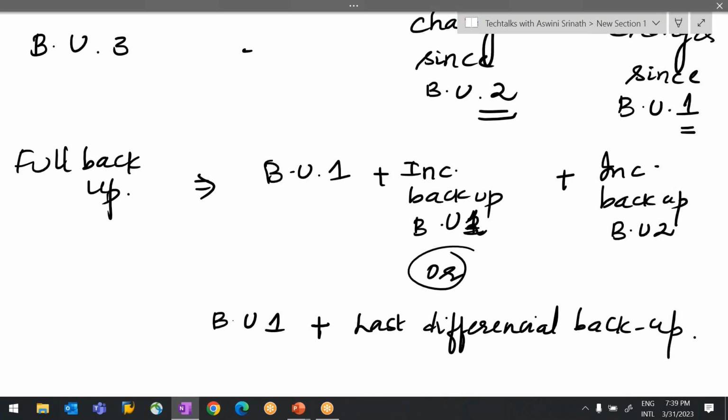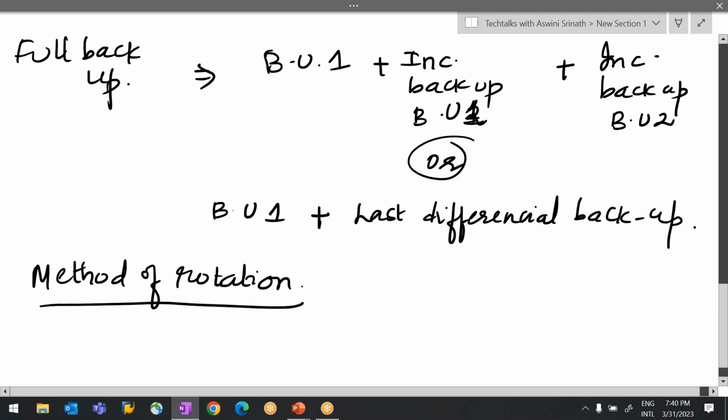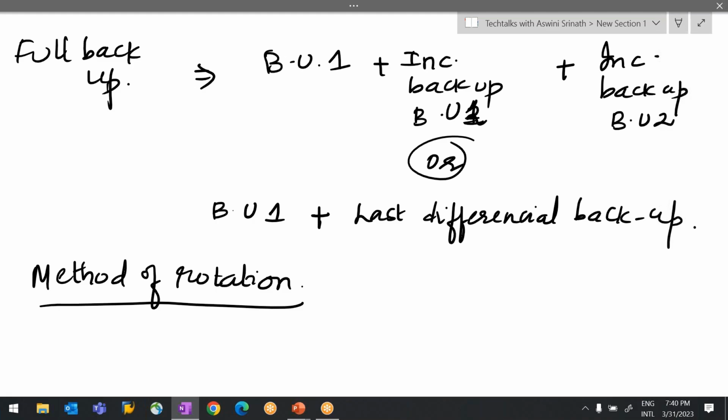Organizations predominantly follow a method of rotation of backup. What is method of rotation of backup? You cannot take full backup always, or incremental backup always, or differential backup always. You have to follow a method of rotation.